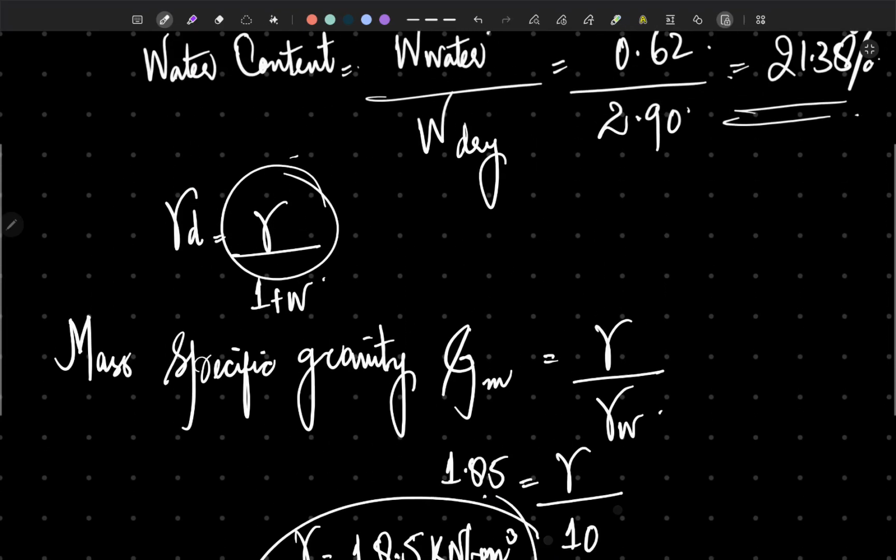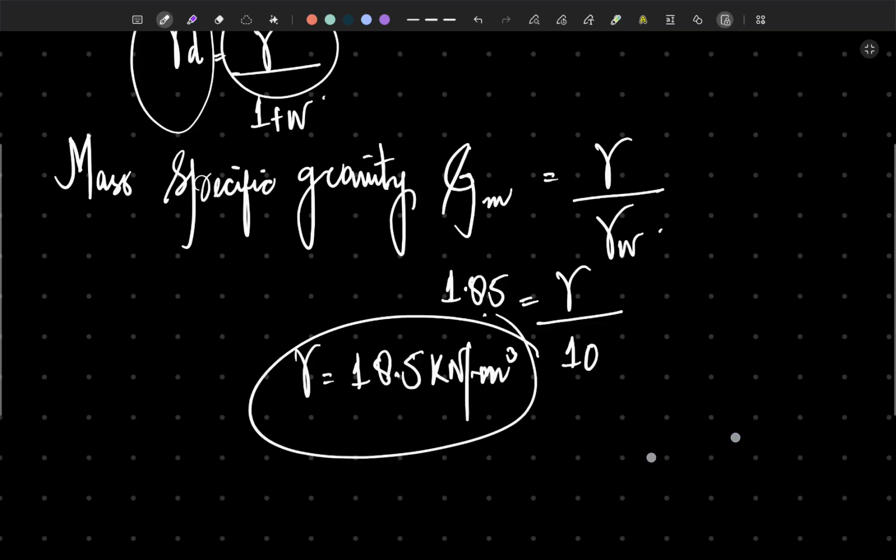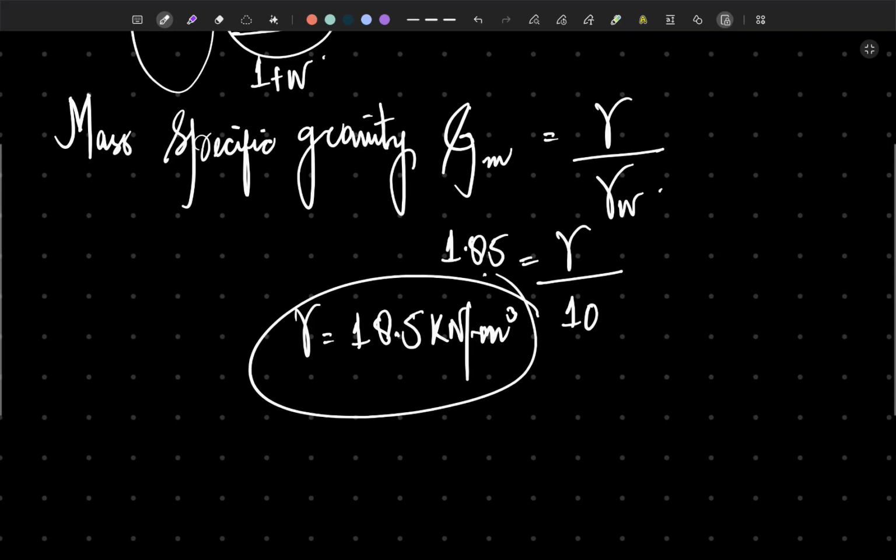Alright, so when we know this, we'll subsequently arrive at void ratio, porosity, degree of saturation, etc. What came handy over here was the mass specific gravity, which was given, the ratio between bulk unit weight to the unit weight of the water, or the bulk density to the density of the water.